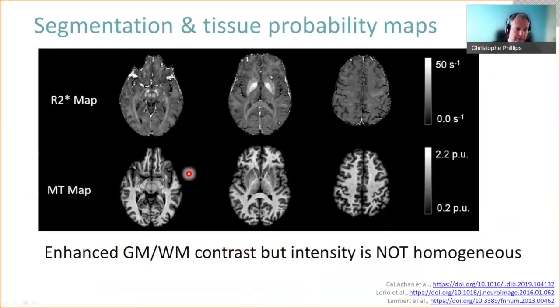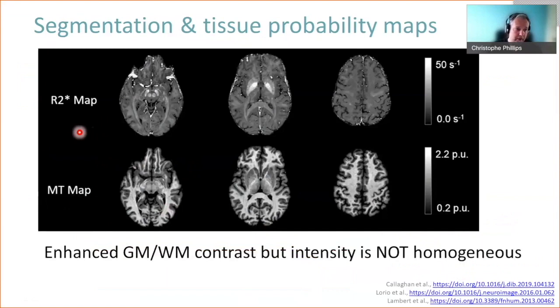Well, thanks to the quantitative nature of the images, we can observe enhanced gray matter, white matter contrast in the brain. And that will help us greatly with the segmentation of those tissues.